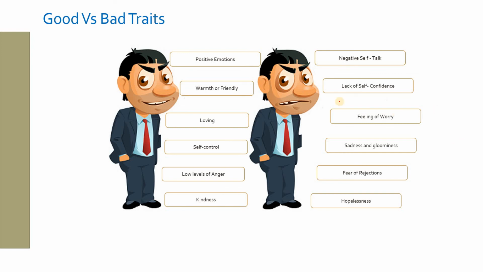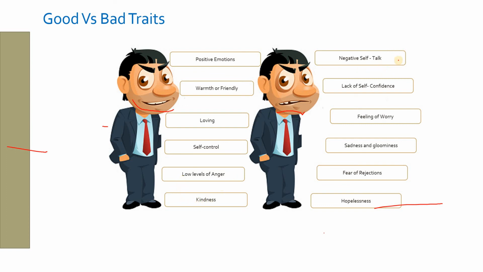You can see here this is a smiley face. The person with the smiley face is here, and you can easily understand what is good and what is bad. In this you can see the person with the smile, and this one is something sad. So here they are saying positive emotions, friendly, loving, self-control, low level of anger, kindness.